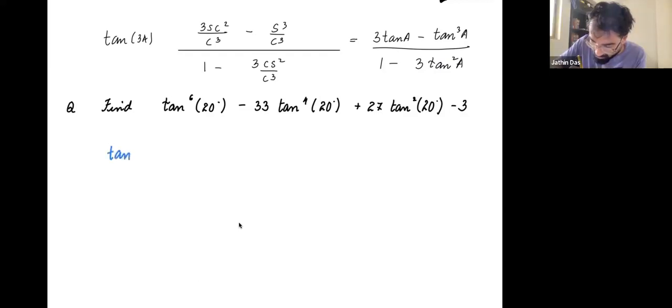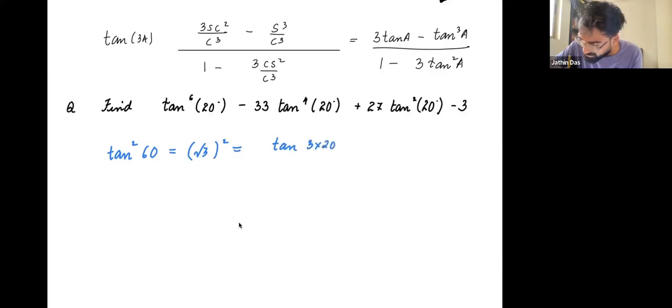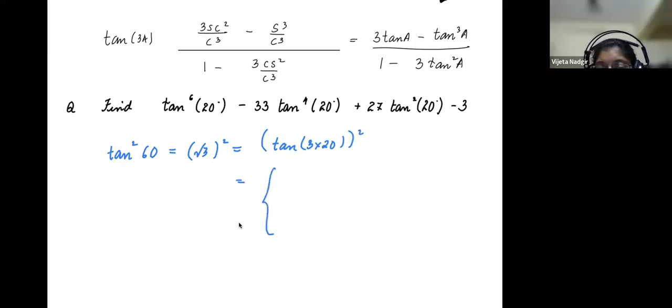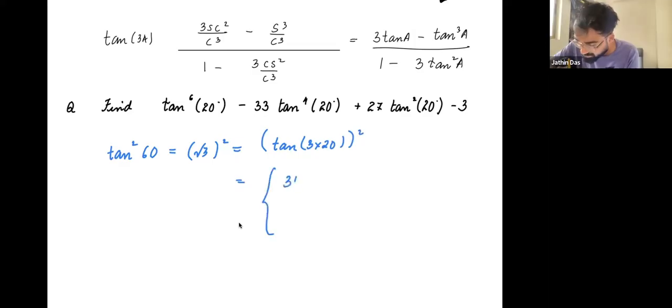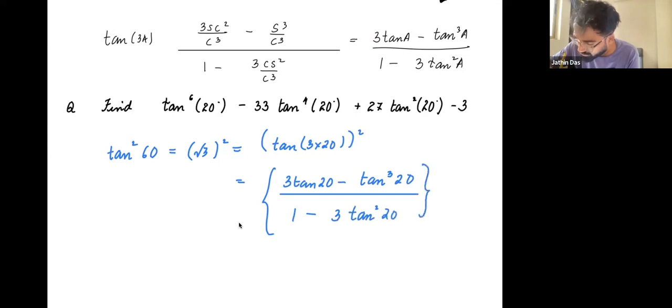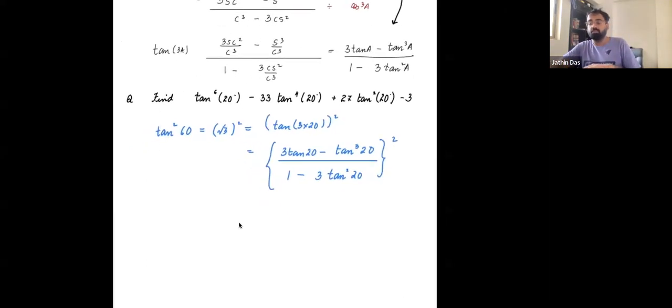So tan 60 का square, you know already it is root 3 का square, which is tan 3 into 20 का square, which is this formula you can apply. 3 tan 20 minus tan cube 20 by 1 minus 3 tan square. Try. We'll end up getting the same thing.